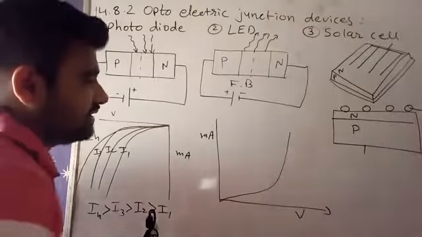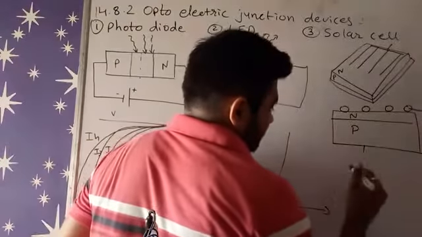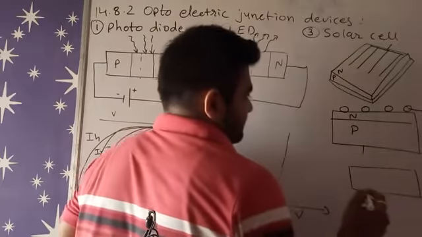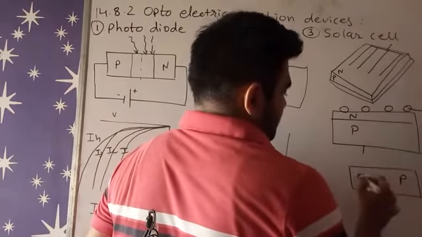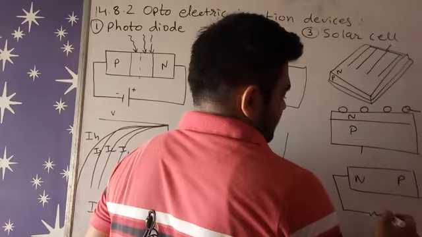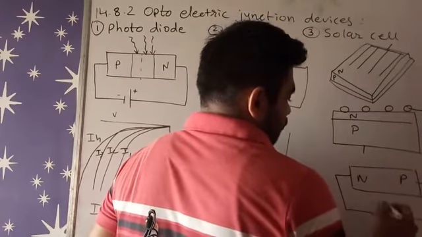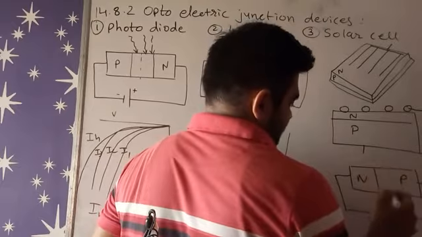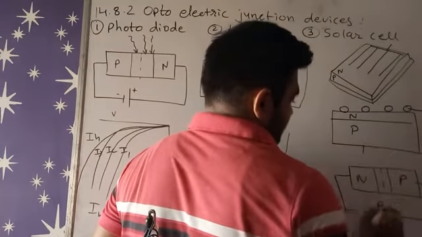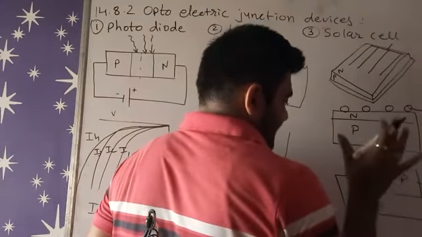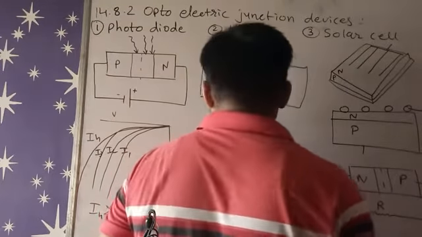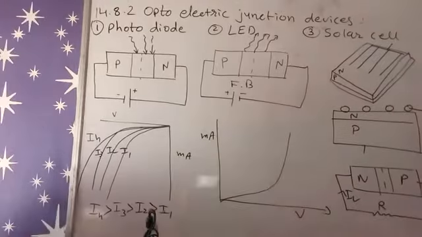Now if I draw the circuit diagram, we have N, P, and further it connects with only a resistance. No further biasing is needed for this. We get a very small amount of current in the solar cell.